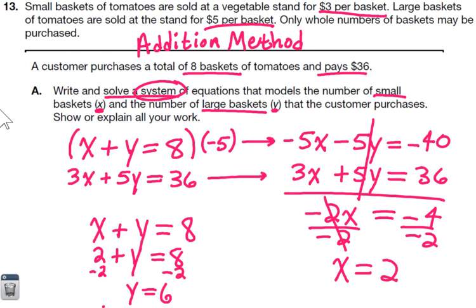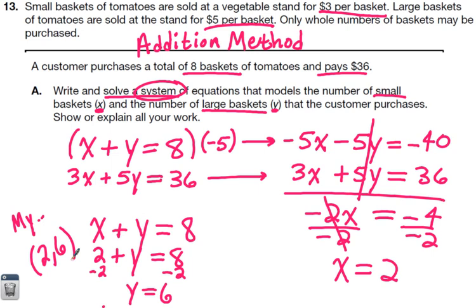Maybe what you should do before you move on to part B is write a little statement, like, my final answer is 2, 6, or what might be even better, my final answer is that there were 2 small baskets and 6 large baskets.